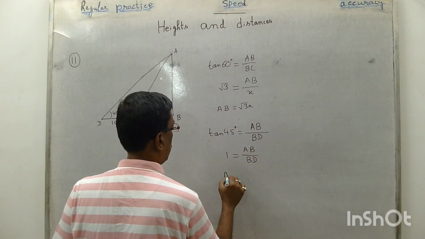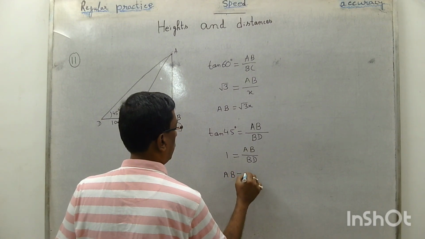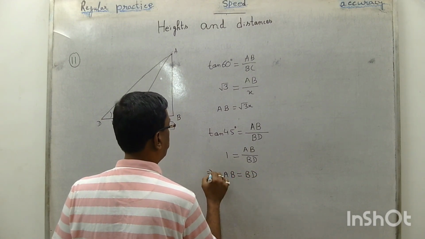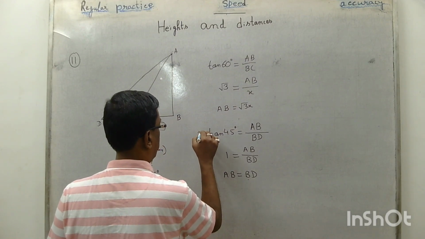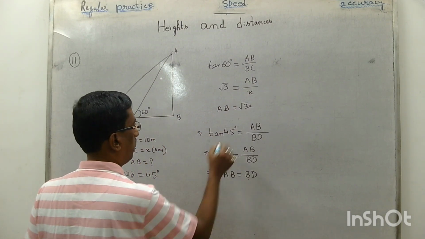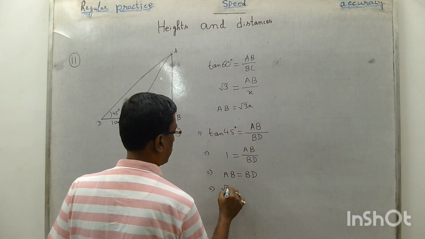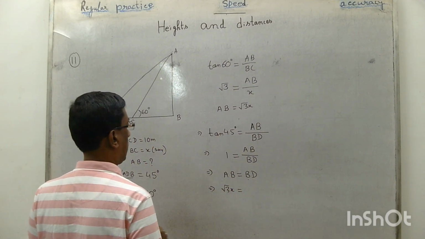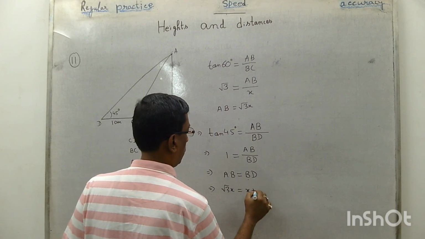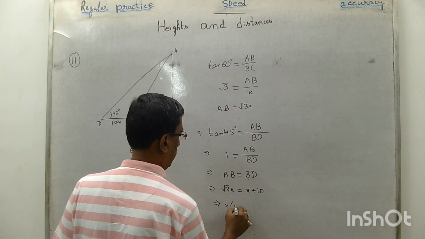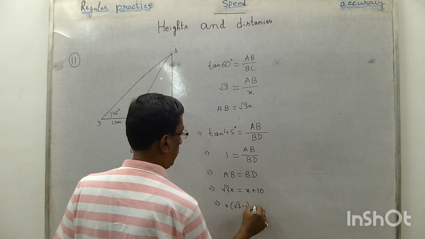So AB equals BD. AB is how much? We don't know AB, but root 3x is the value. Now BD is how much? x plus 10. So x into root 3 minus 1 equals 10.